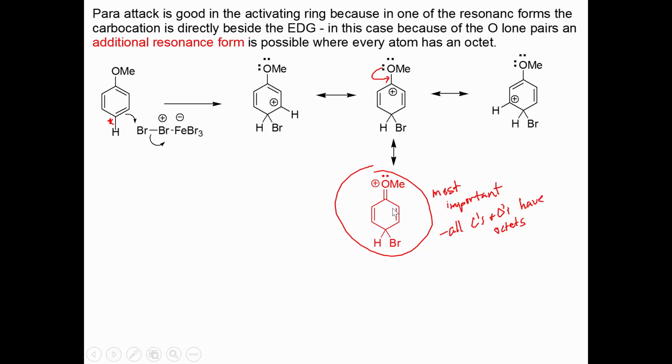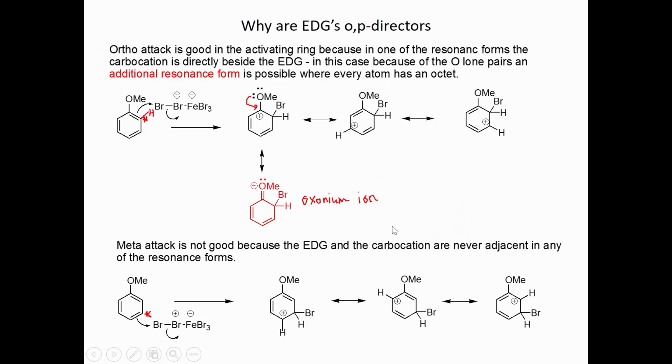And here there's more because we can write that resonance form right there. Okay, if we go back and compare the resonance forms here, this one is also the most important. Okay, because again, this gives us an octet in all of the oxygens and carbons. All right, or all the carbons rather. Oxygens have octets everywhere. Okay.